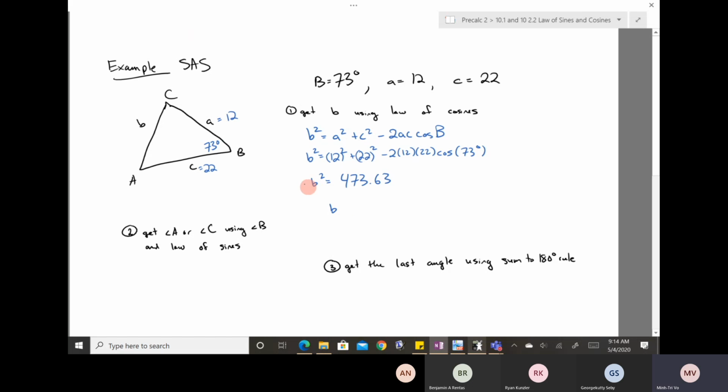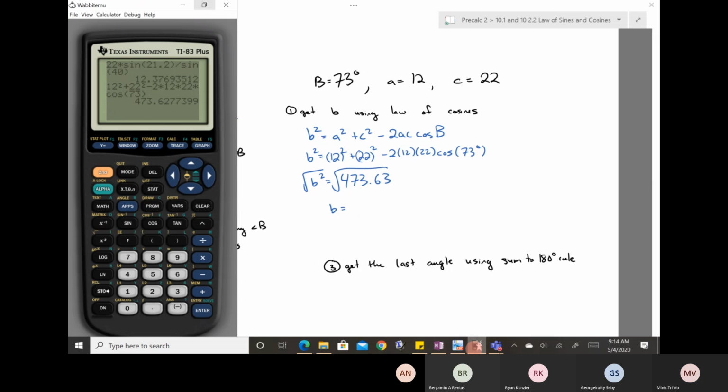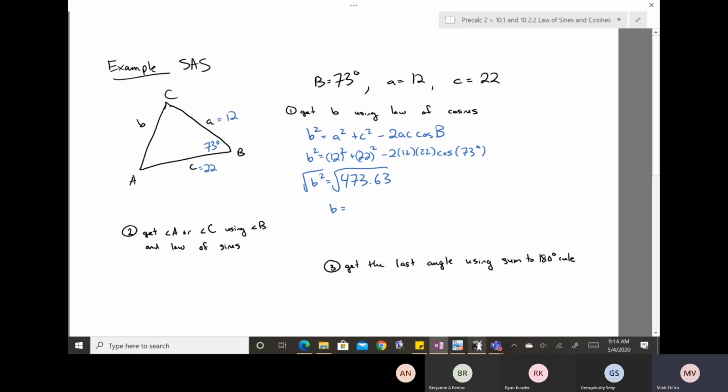So now you square root both sides to get B. But again, it's better to avoid rounding as much as possible because that introduces rounding error. Okay, so let me just use the previous calculation. So I get B is about 21.8 rounded up.